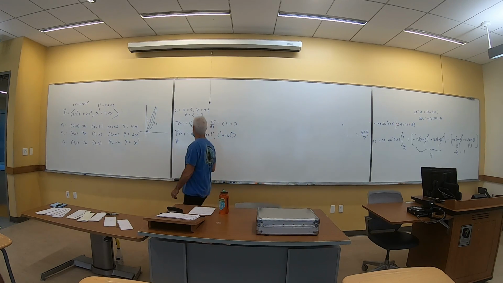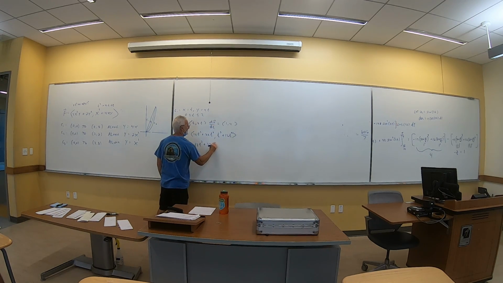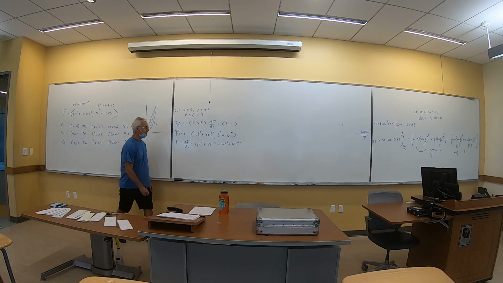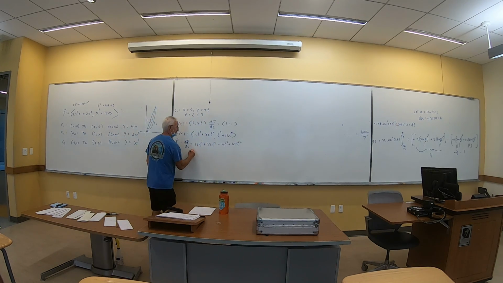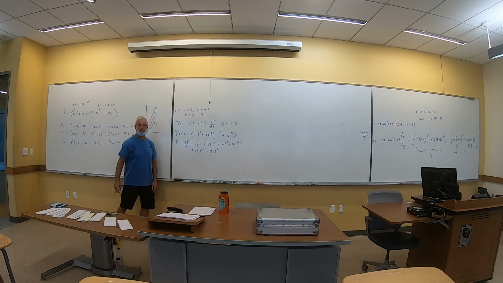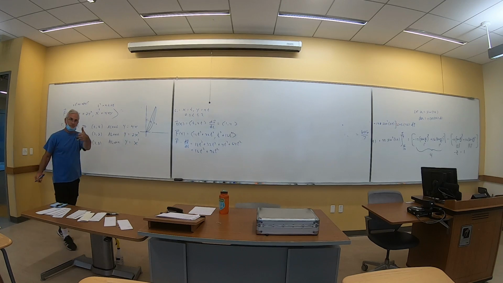All right. So let's do F dotted with dr/dt. Well, that makes it easy. Times 1. So that's 12t cubed plus 32t squared plus 4t cubed plus 64t squared. So that's 16t cubed plus 96t squared. Does that look right? We good? Okay.